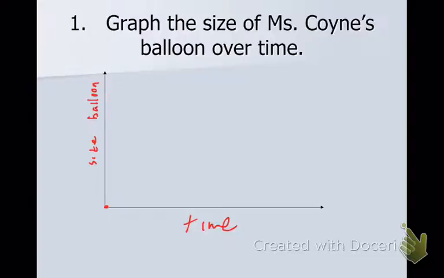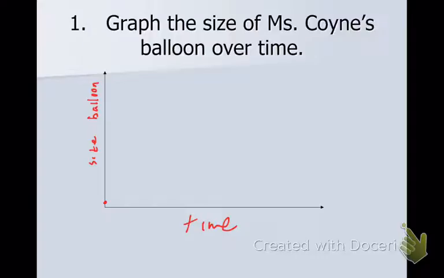And the size would be 0, so the balloon has no size. Now, one might argue that the balloon has a size already, even before you start to blow it up. So would we want to start our graph right here at 0, 0? Maybe not. Maybe we would make it right here. I mean, it's definitely the smallest it's going to be. So we can plot a point there to show that we haven't started blowing it up yet. Okay? Now, we're going to start the clock, and time is moving now, right?